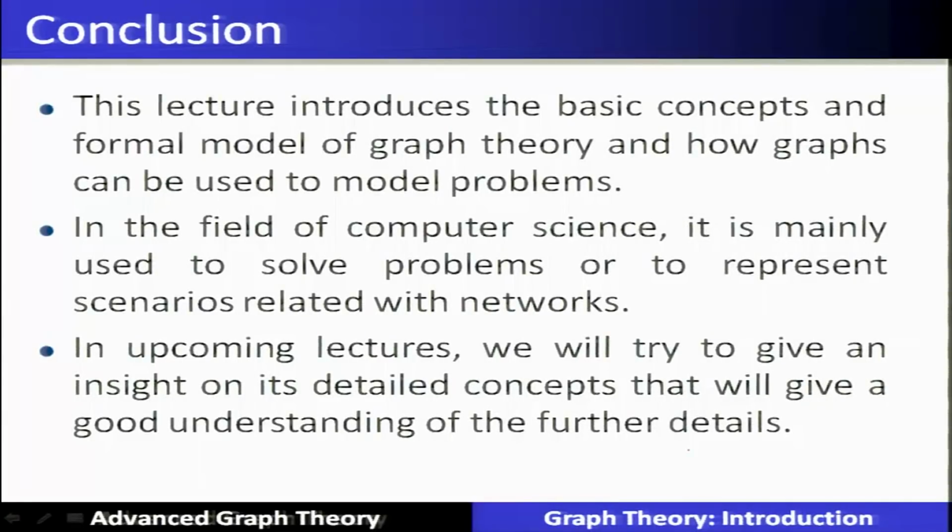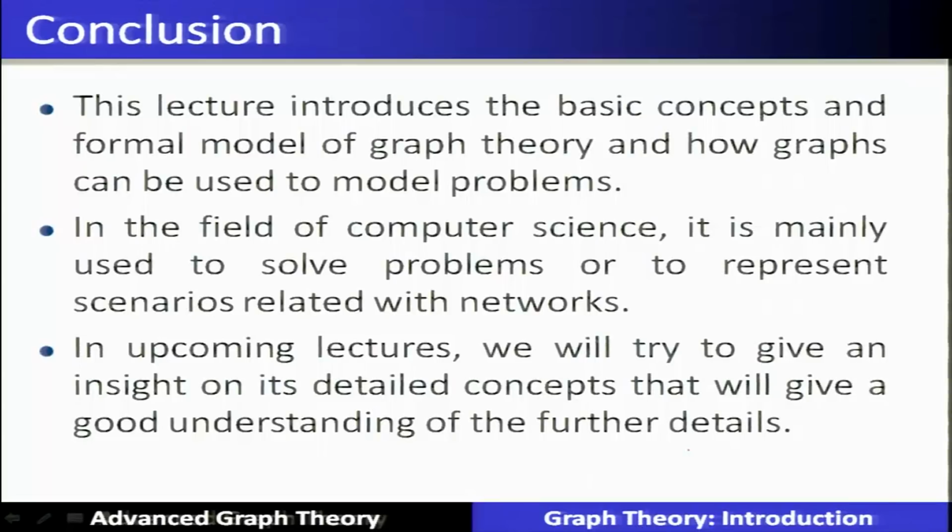So, let us conclude this particular discussion. In this lecture we have given you a very important notion: how different applications of a problem can be modeled in the form of a graph, called a graph model of an application, and you can analyze it thereafter. Here we have introduced the basic concepts and the formal model of graph theory and how graphs can be used to model various problems.